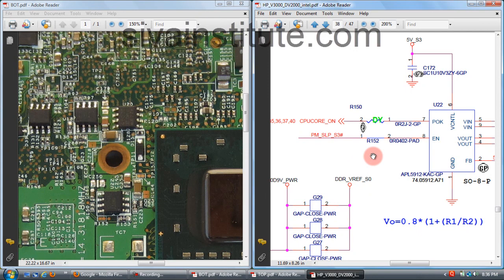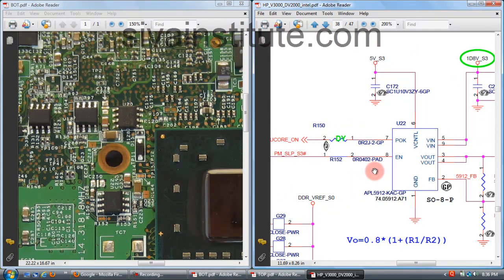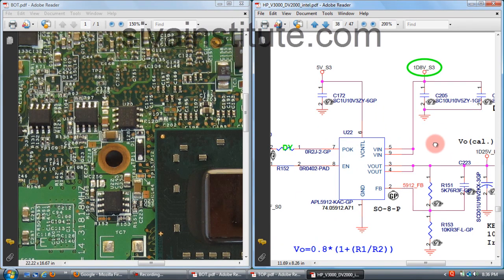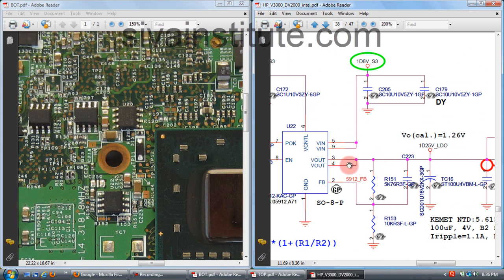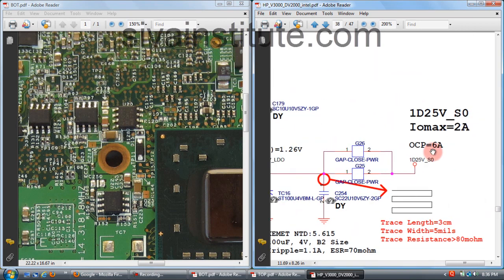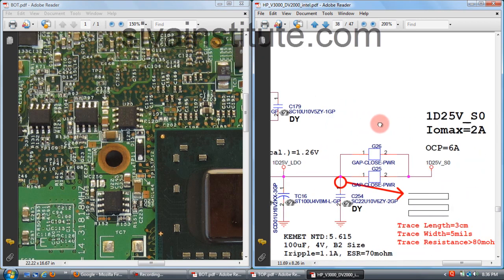Input S3, output S0. This voltage goes to pin number 8, just like the upper IC. When you give voltage to this one, the output will come out from pin number 3 and 4, this 1.25 volts. This voltage goes to GMCH, 1D25S0.